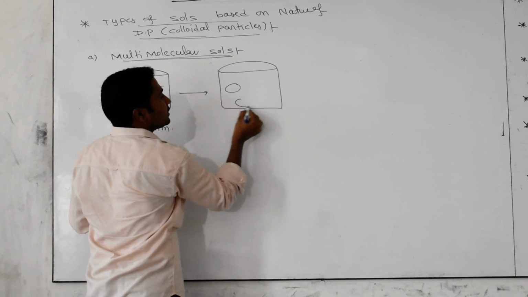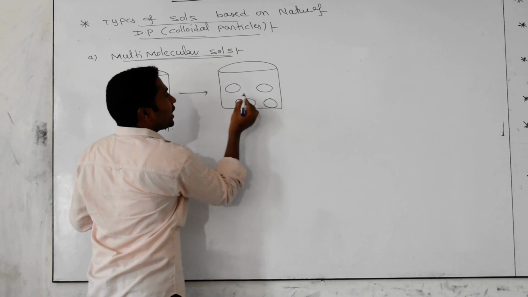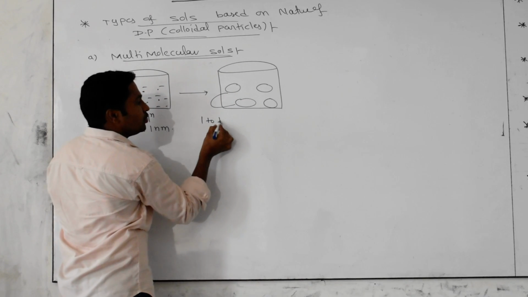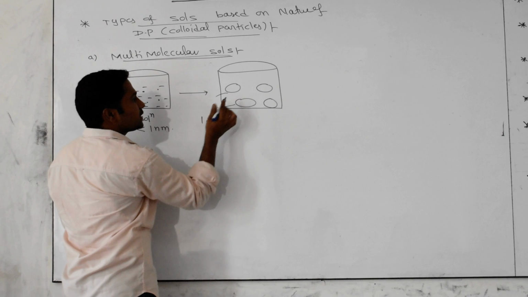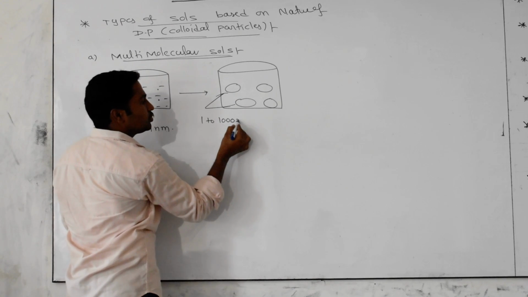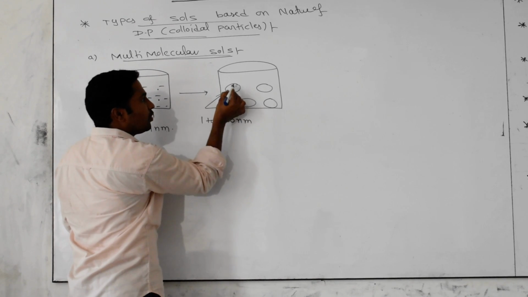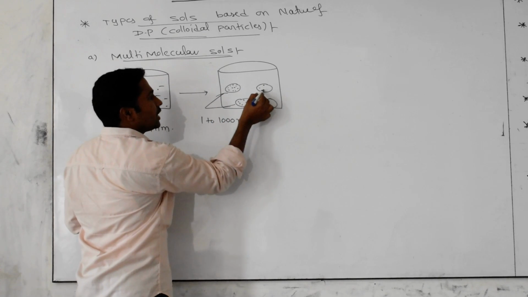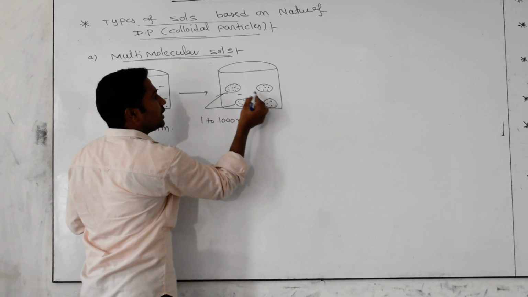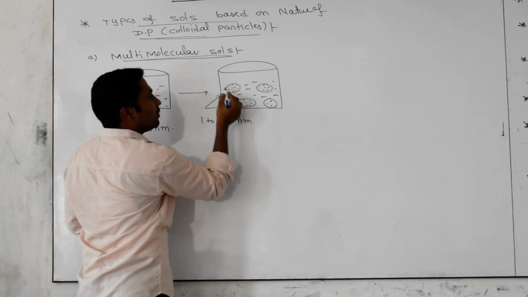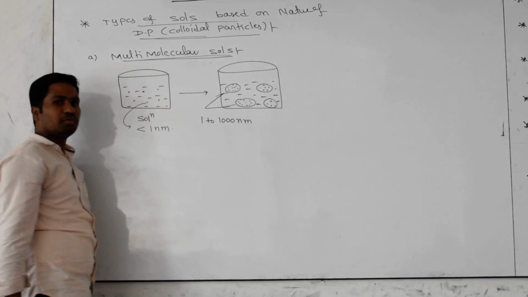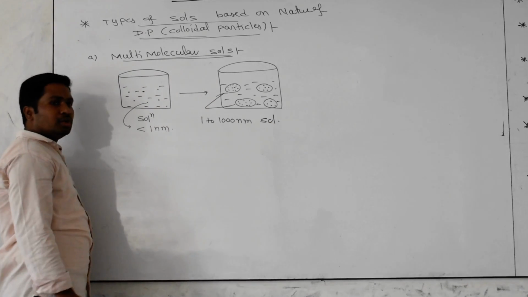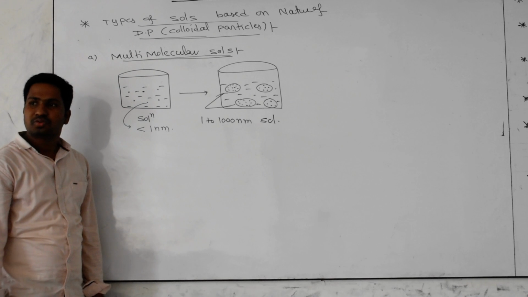The size of these particles will be 1 to 1000 nanometer. These are formed by the combination of so many smaller particles. Such kind of sol we call a multimolecular sol. Did you get my point? So what is the meaning of multimolecular sol?